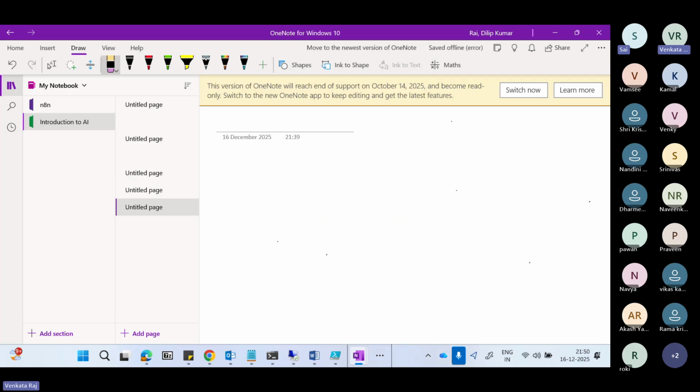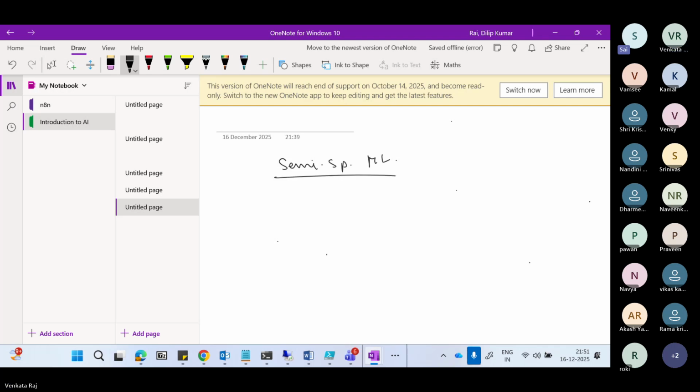Okay, then we'll go with semi-supervised machine learning. It is partially supervised and partially unsupervised.